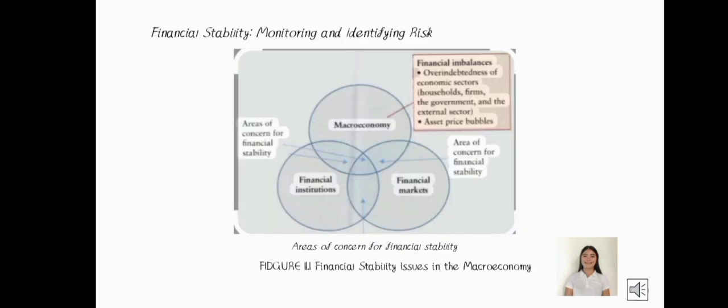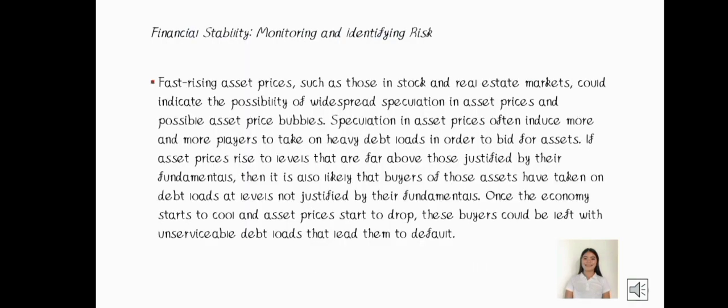Next, the image shows Figure 11.1, the factors in the macroeconomy that may affect financial stability not only in the macroeconomy itself but also in financial institutions and financial markets through interrelated areas.